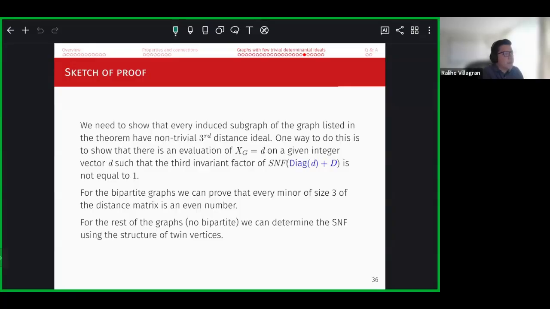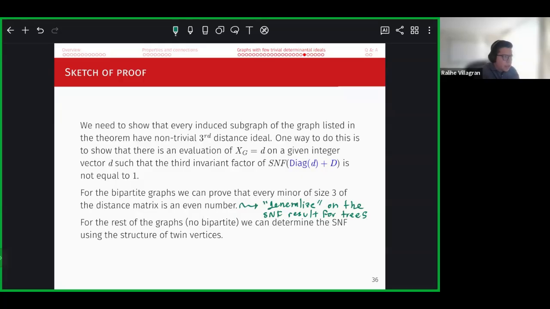For the bipartite graph, we can prove that every minor of size 3 of the distance matrix is an even number. So this, in a way, hints at a generalization of the semi-normal form result for trees. The Graham, Pollack, and Lovász formula and the formula for the semi-normal form of the distance matrix of trees seem to be more general.